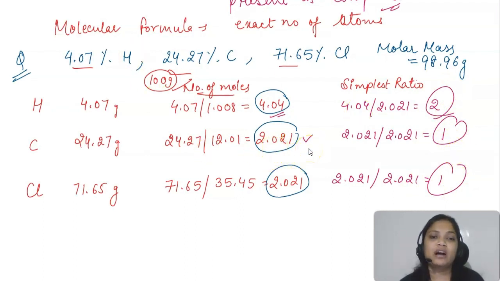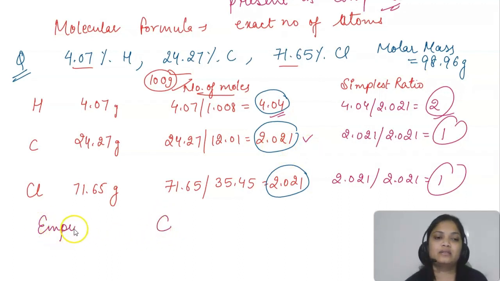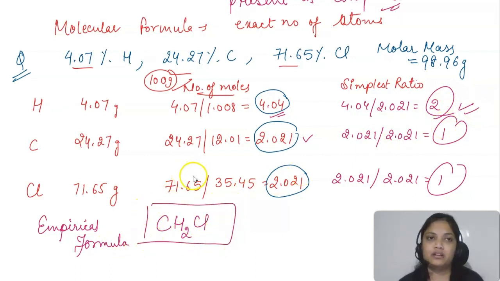So how much carbon do I have? 1, right? So I'll write the empirical formula as C, then H2, since for hydrogen the coefficient is 2, and Cl. So CH2Cl is the empirical formula.